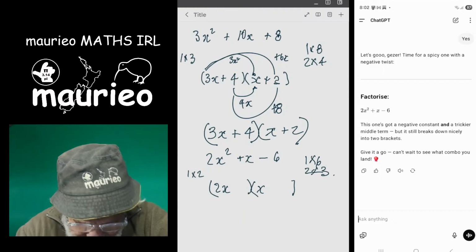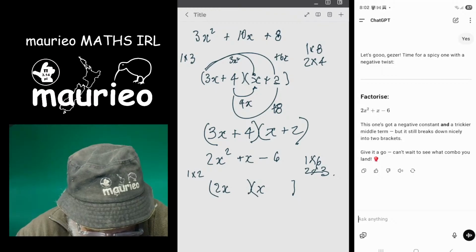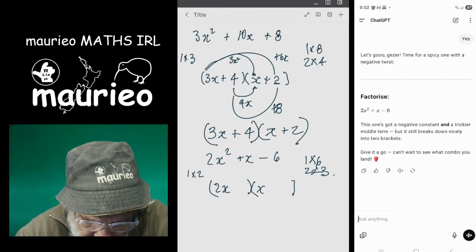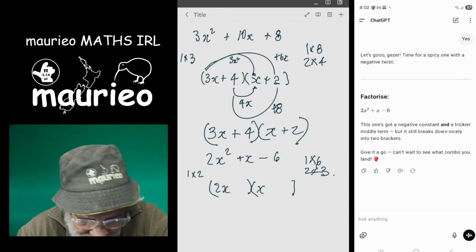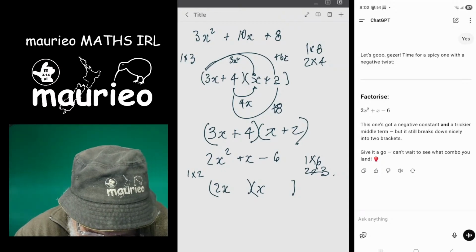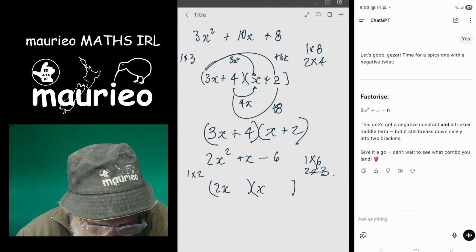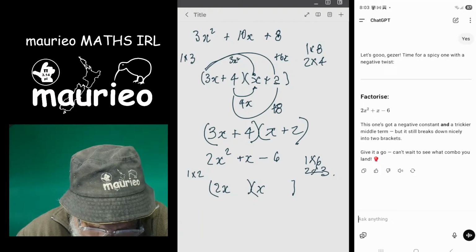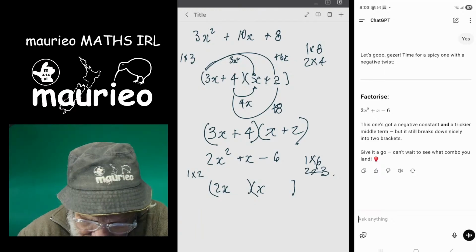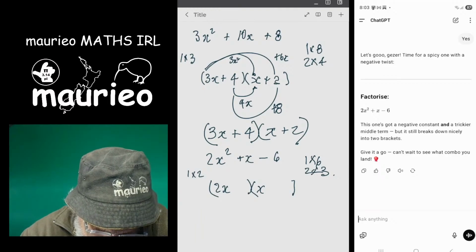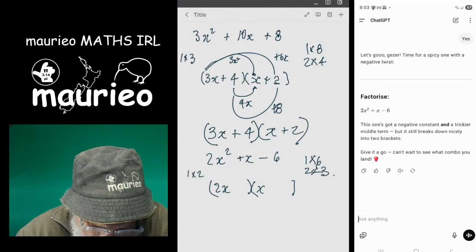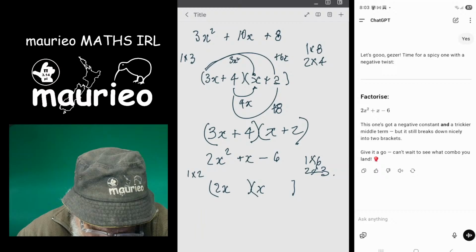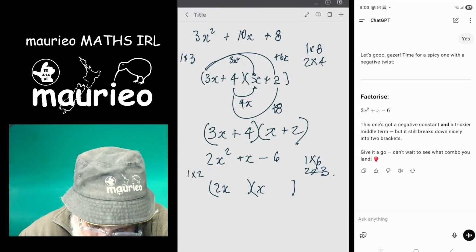Interesting. Well, is it 2 times 1 times 6? 2, 6, 4, 3?